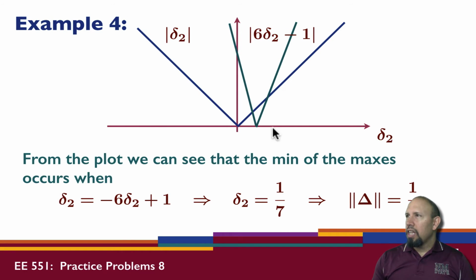And so in that case, both delta and this quantity are equal to each other. So notice that in this case, the negative of this quantity is actually what the absolute value is. And so that's why I have this as opposed to 6 delta minus 1.